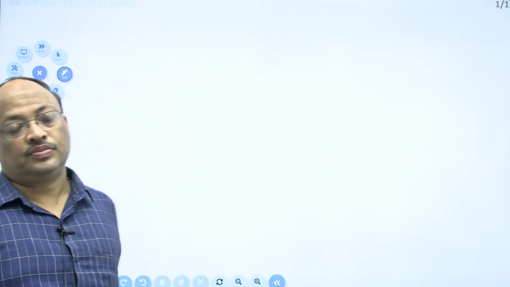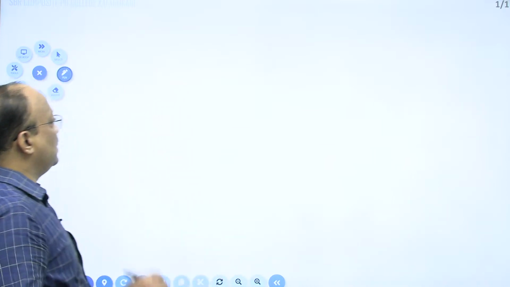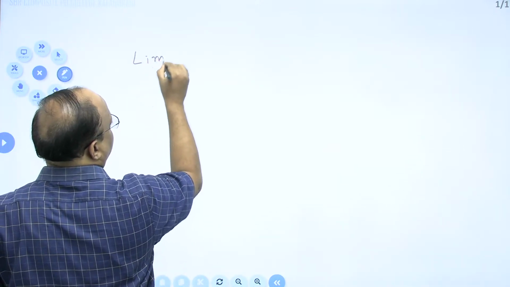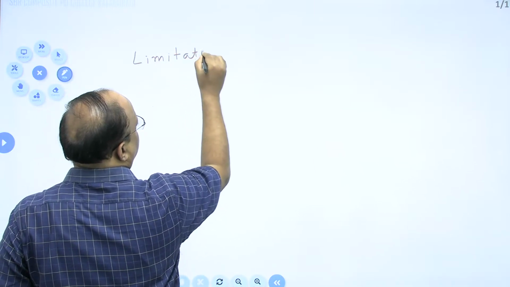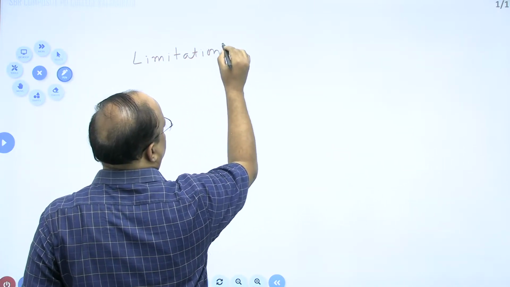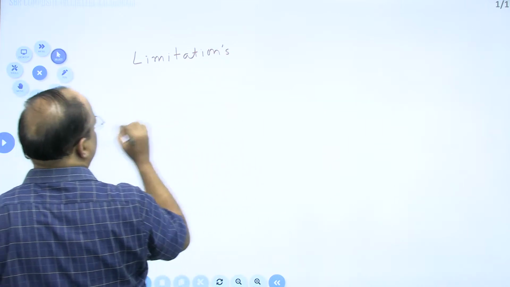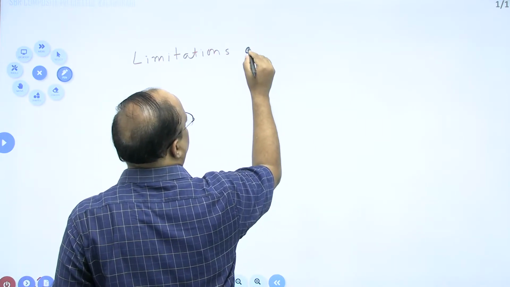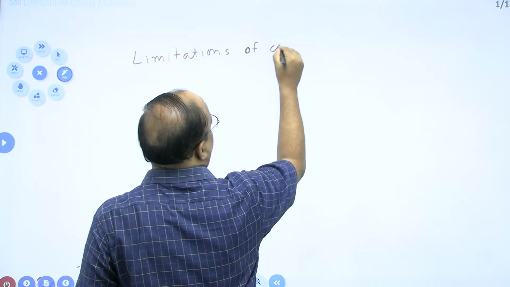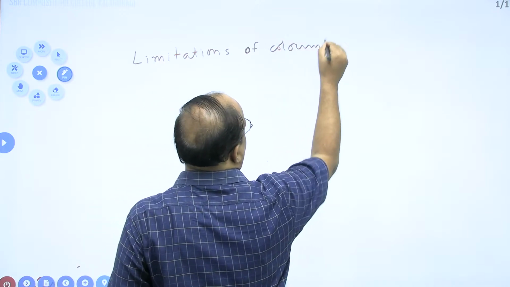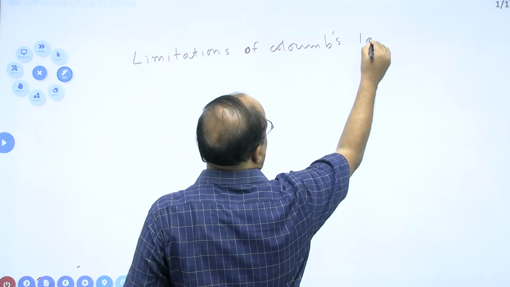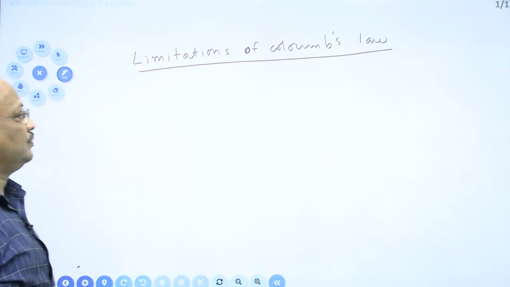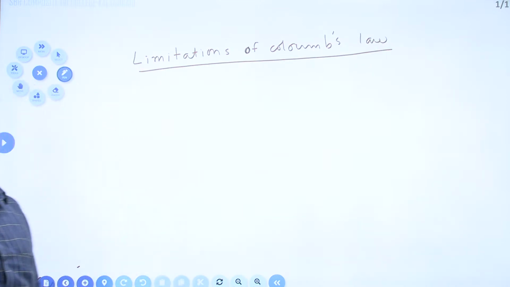So now, Coulomb's law: what are the limitations of Coulomb's law?